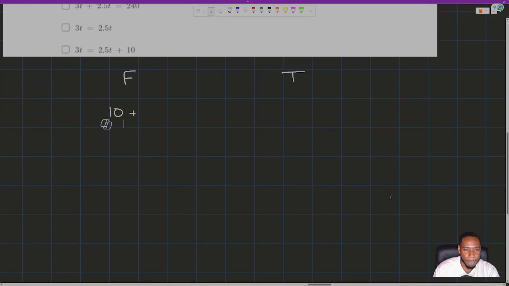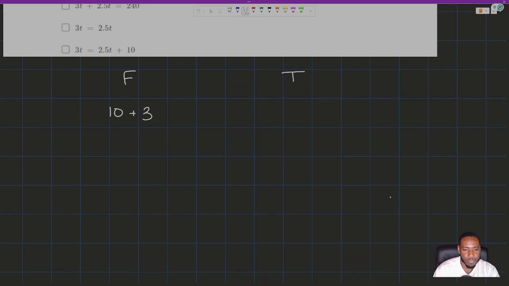And per the conversation we had before, our variable t should be attached to this. On the other side of things, Teresa is starting at 250 feet above sea level, and she is descending at a rate of 2.5 feet, again, per minute, so t.